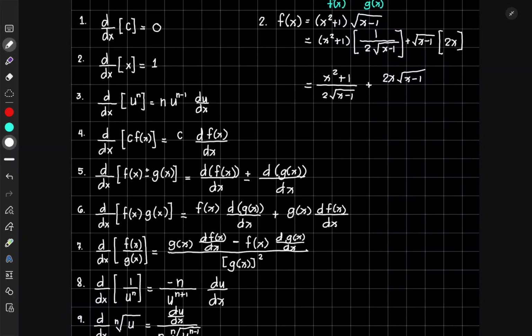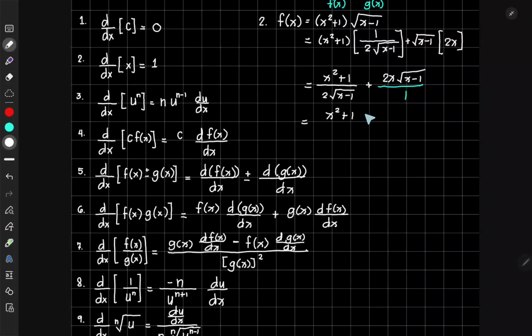so, get the least common denominator. So, dito meron tayong over 1. So, ang least common denominator nila, or LCD, is 2 square root of x minus 1. So 2 square root of x minus 1 multiplied by the whole of this rational expression, itong first term natin, that would be equal to x squared plus 1.